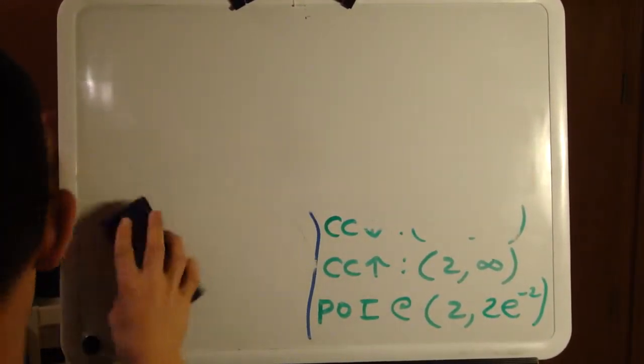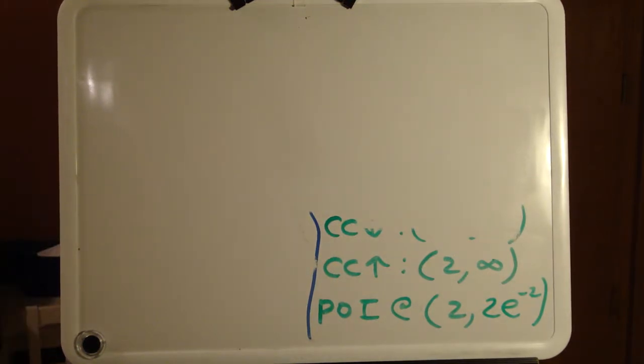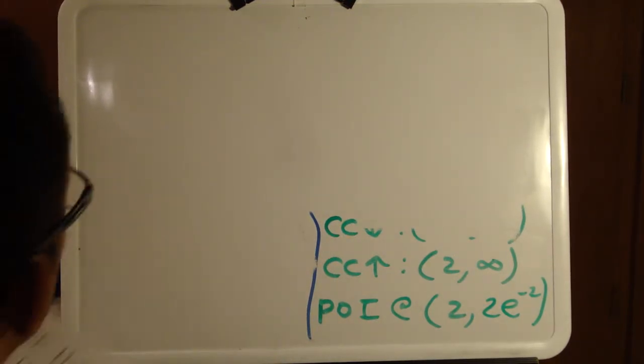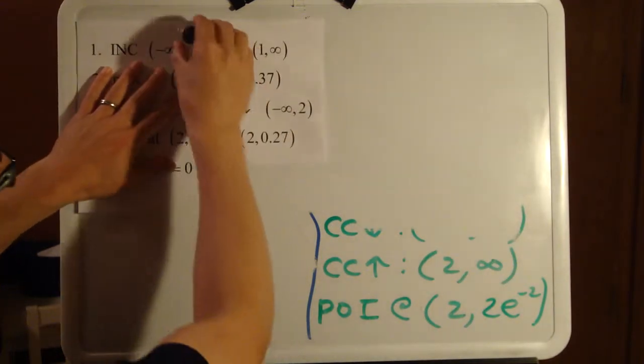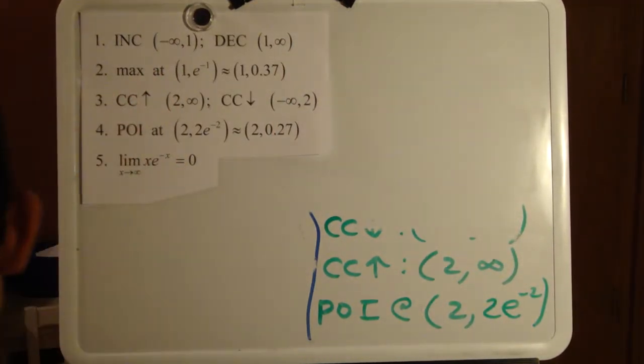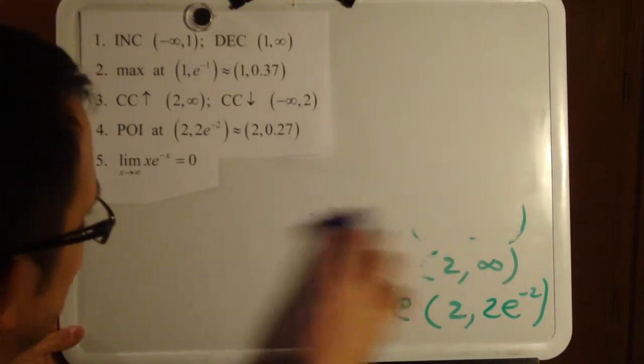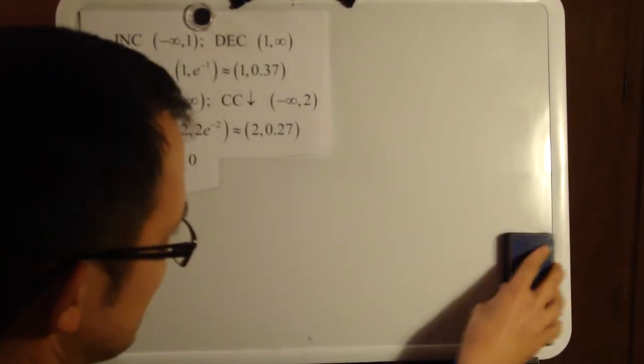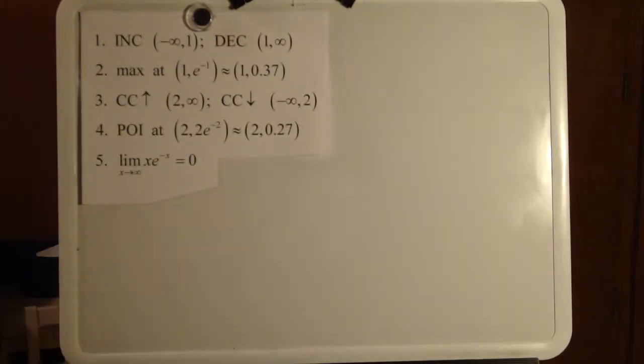So the hard work here is done. I'm going to wrap this up just by summarizing the information that we found, and then what we'll do is try to freehand a graph.